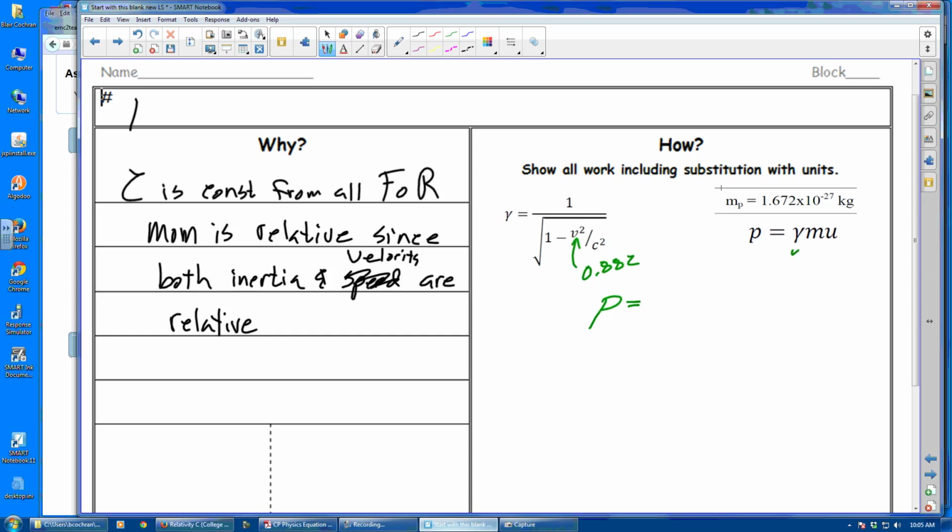Check. The rest mass is the m right there. And u is how fast the object is moving from this frame of reference, and that would be the 0.88 c again. So all you gotta do is plug in. And you got it. All right.